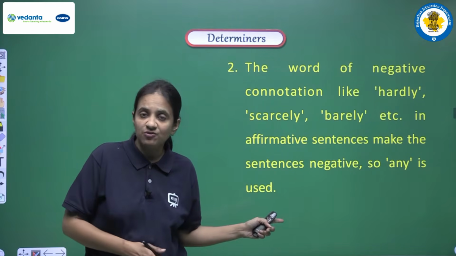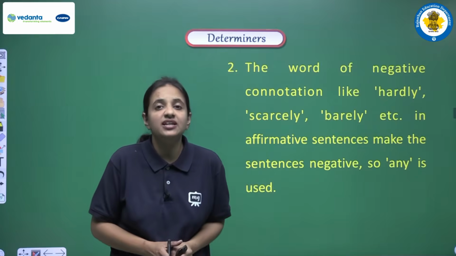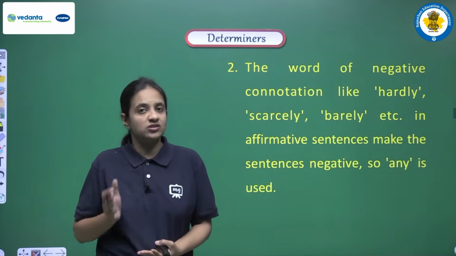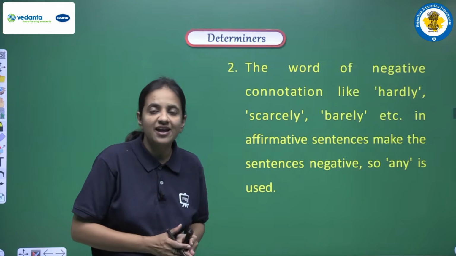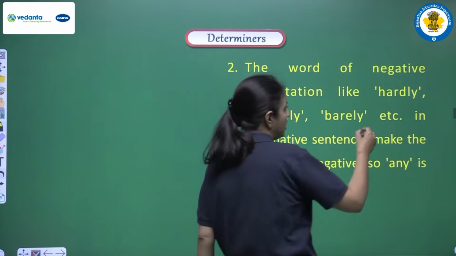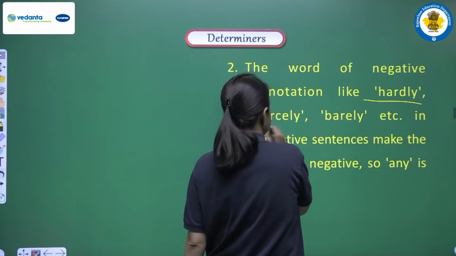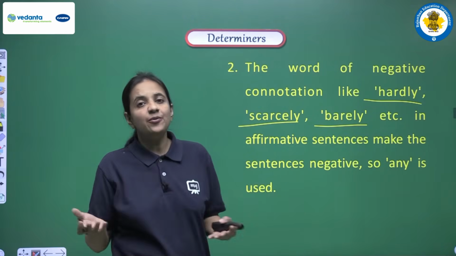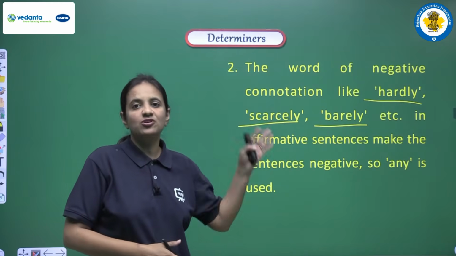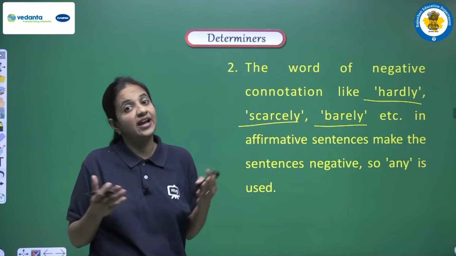But now in this point it may be the case that the sentence is positive, there is no "not" in the sentence, but we have any of these words: hardly, scarcely, barely. These are some of the words that make the sentence negative, because all these words have negative meaning.